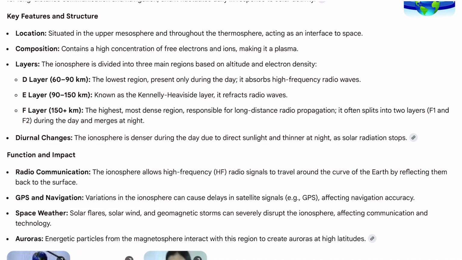Auroras are basically striking colored lights produced in the outer sphere of the earth by the interaction of charged particles with the high energy radiation coming from the solar outer sphere. These are divided into aurora australis and aurora borealis. In a future video we will be discussing aurora borealis and aurora australis.